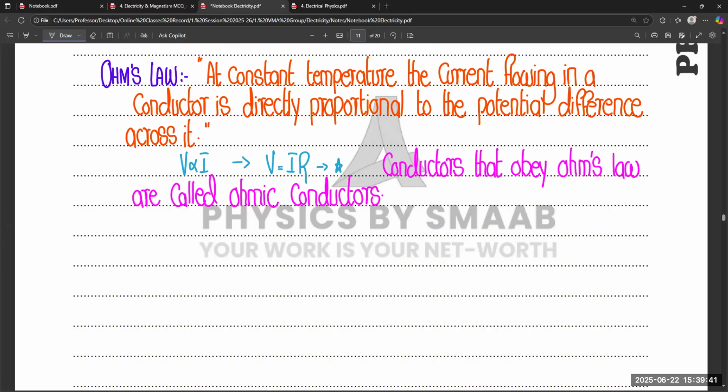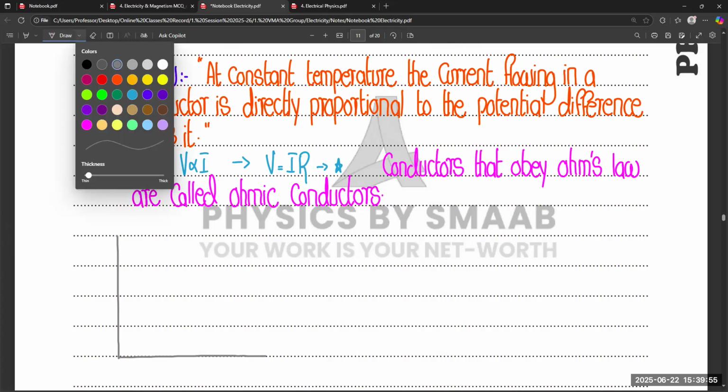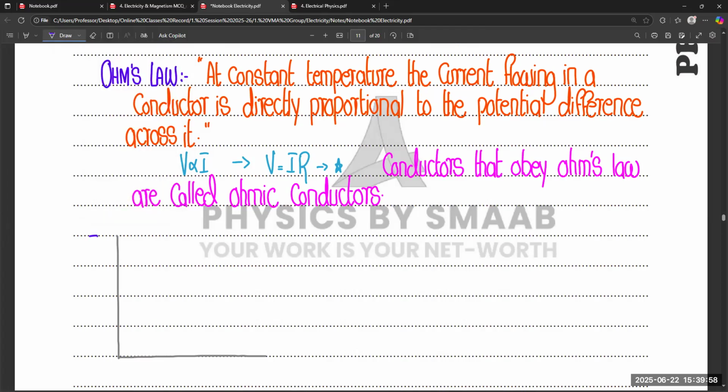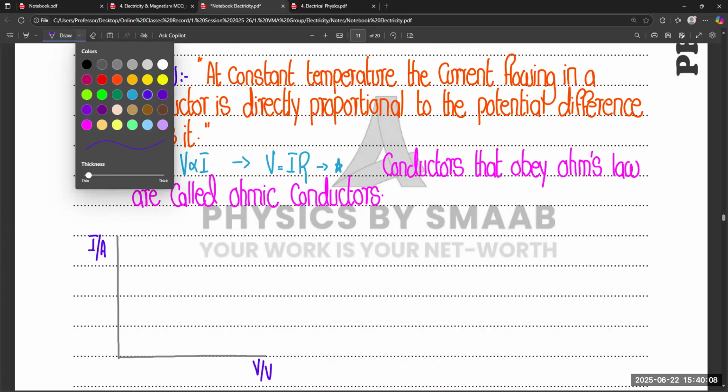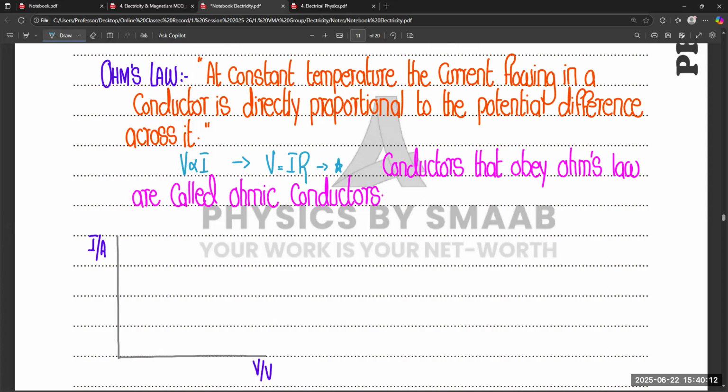So for example, this is the value of current, this is the value of the voltage, this is the resistance of one wire, this is the resistance of the second wire.